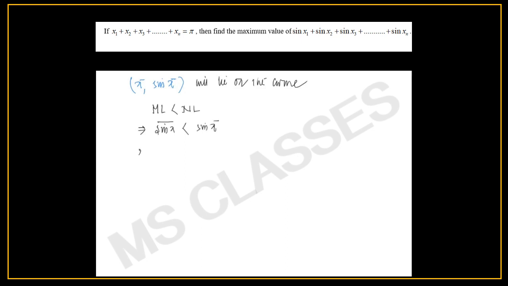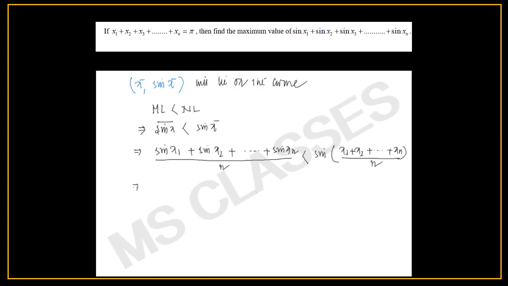The meaning of this is: sine x1 plus sine x2 plus sine xn, divided by n, is less than sine of x bar, that is sine of x1 plus x2 plus xn divided by n.